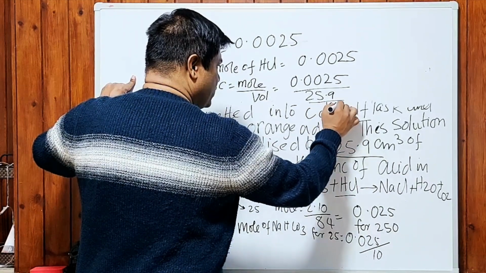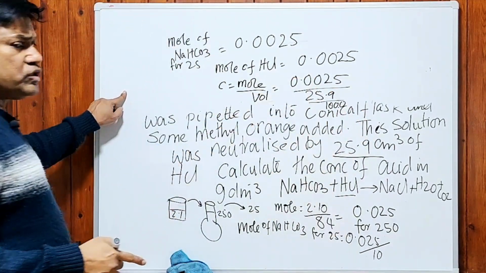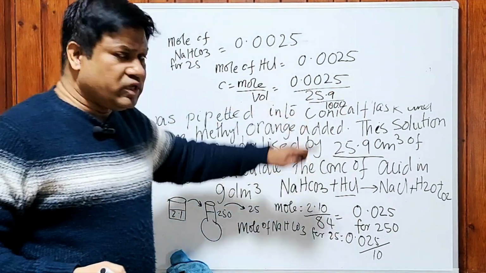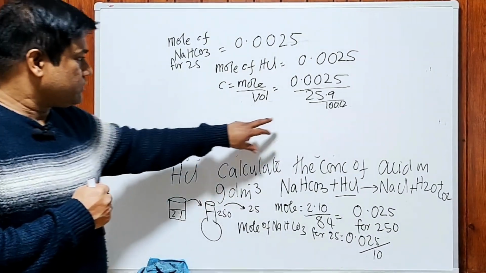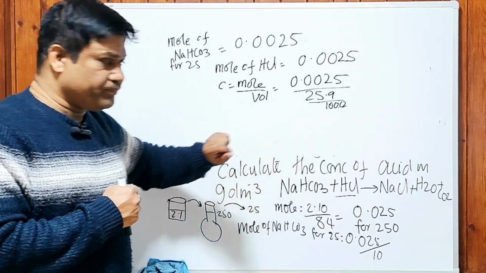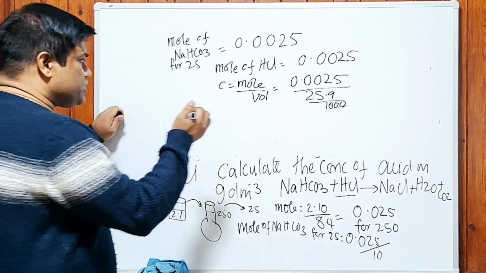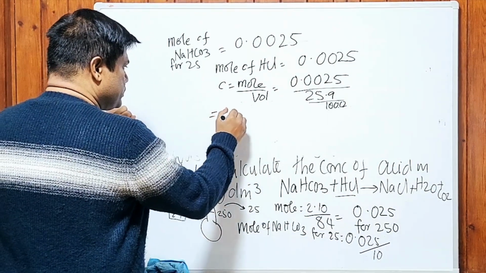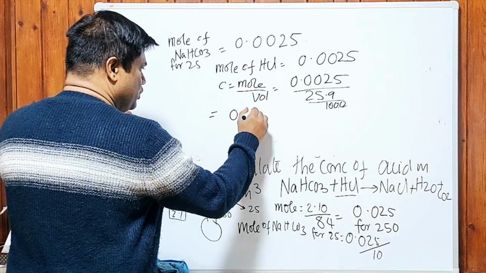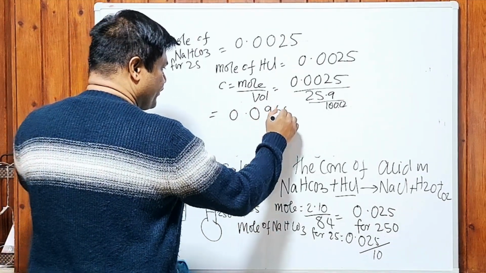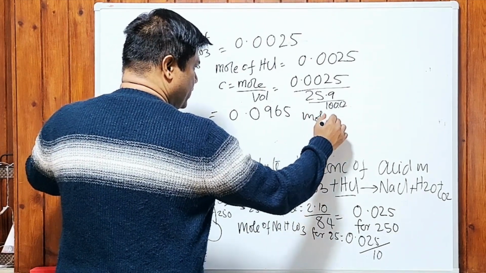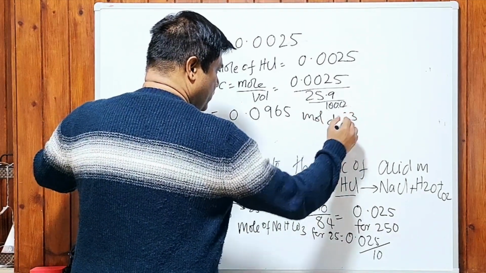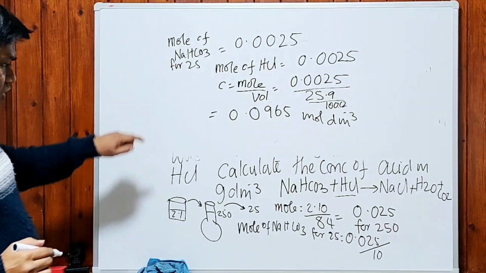Why 1000? I want to change centimeter cube into dm cube. Look at that one. So it equals 0.0965 mole per dm cube.